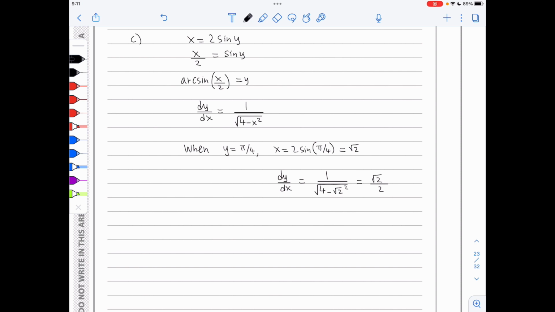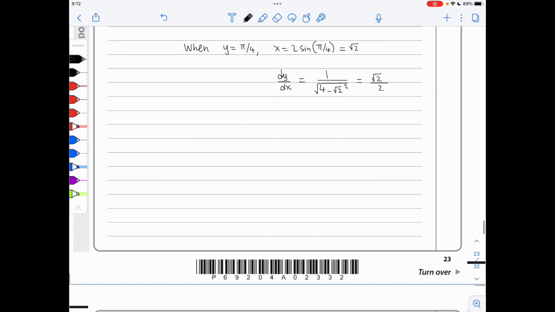So I've got a point, I've got the gradient of the tangent, so I will be using y minus y1 is m times x minus x1. So y is root 2 over 2 x. If I multiply root 2 over 2 times root 2, I simply get a value of 1. So minus 1 plus the pi over 4, which was on the left. And this completes the answer.